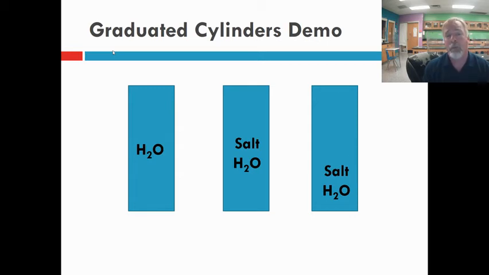So when we drop the golf ball in, we know it's denser than the regular water, so it sank down to the bottom of that regular water. But I poured that regular water in really carefully so that it was just floating on top of the salt water. So when the golf ball hit that middle part where there was salt water below and water above, what happened to the golf ball? It floated, right? It sank to the bottom of the water part, but it floated on top of the salt water part.